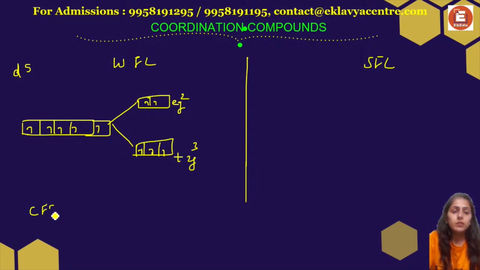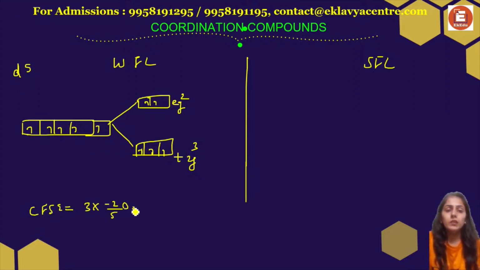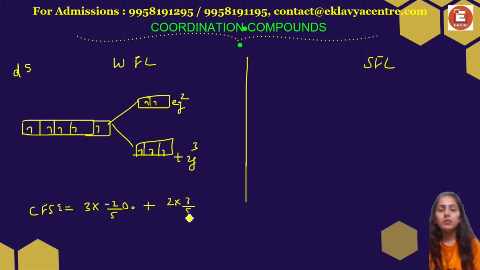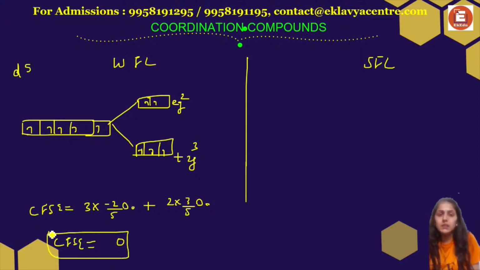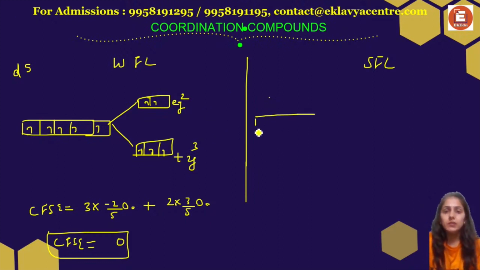So CFSE will be 3 into minus 2 by 5 of del O plus 2 into 3 by 5 of del O. So minus 6 upon 5 plus 6 upon 5 is 0. So CFSE is 0 in D5 when we take weak field ligand, or you can say in case of high spin complexes.